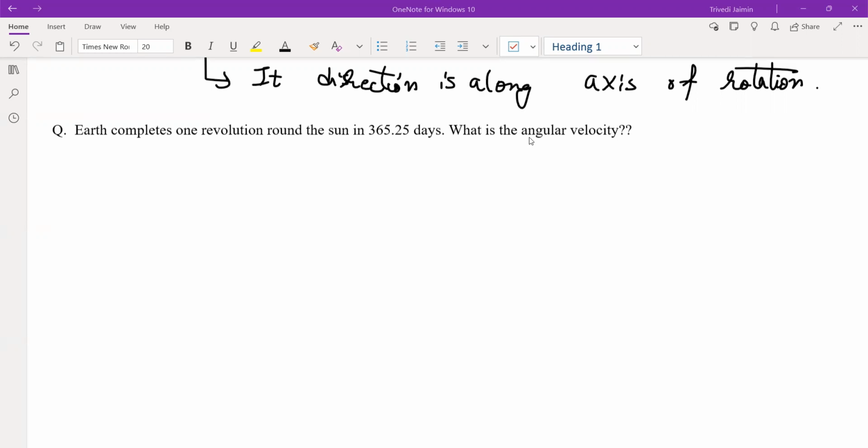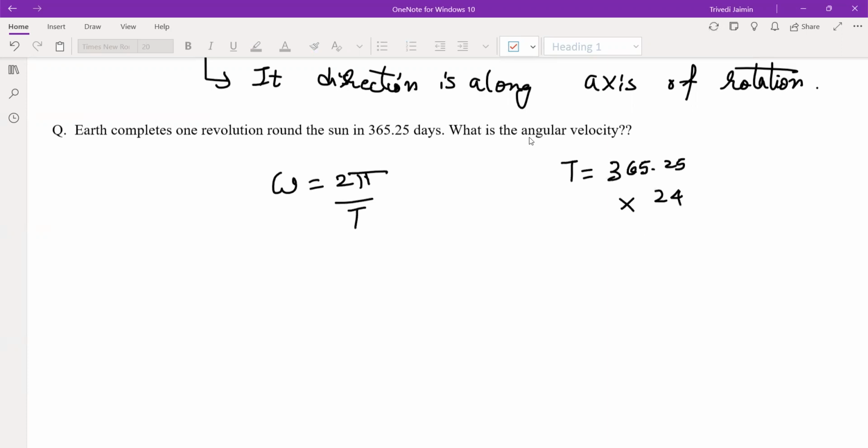Do you know the formula? You don't? Let me write. Omega equals 2 pi by T. Pi here is 3.14. T we need to convert: 365.25 days into seconds. Per day, how many hours? 24 hours.